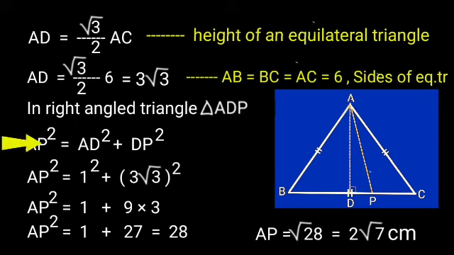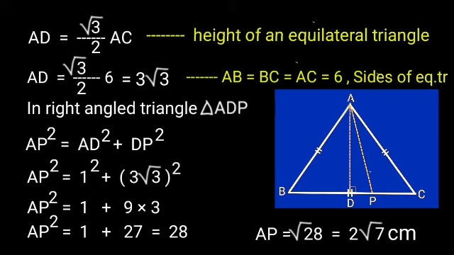AD square plus DP square. Hence AP square is equal to 1 square plus (3 root 3) square. AP square is equal to 1 square, that is 1, plus 3 square into root 3 square, that is 9.